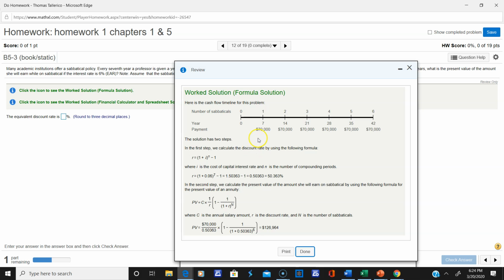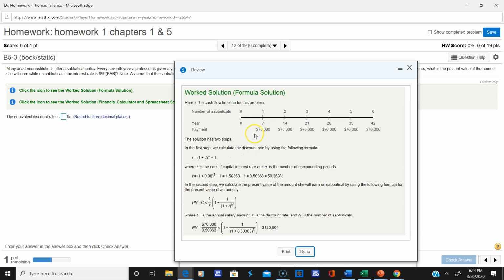Now we need the effective rate. We need the rate over the 7 years. I believe this is equation 5.1 in your book. We need the discount rate over the 7 years to figure out the equivalent interest rate that we're going to use to calculate this present value.